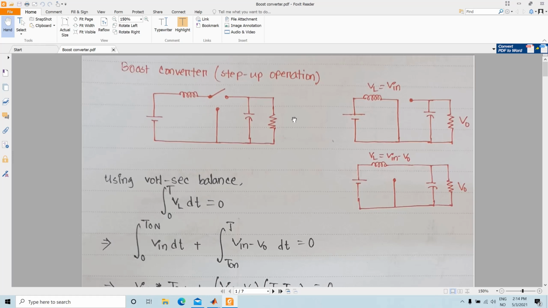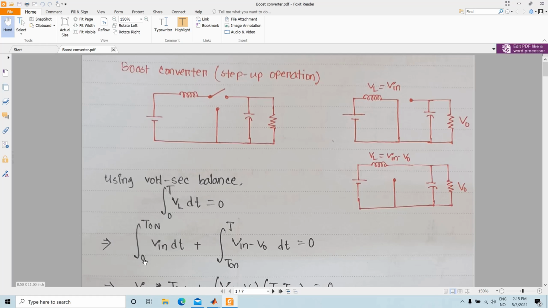Okay, so now if we look at the equations and derive the relationship between the output voltage and the input voltage, then we can use the volt-second equation. If we integrate the voltage across the inductor for the whole time period, then we know that the integration equals 0, and we have two steps.